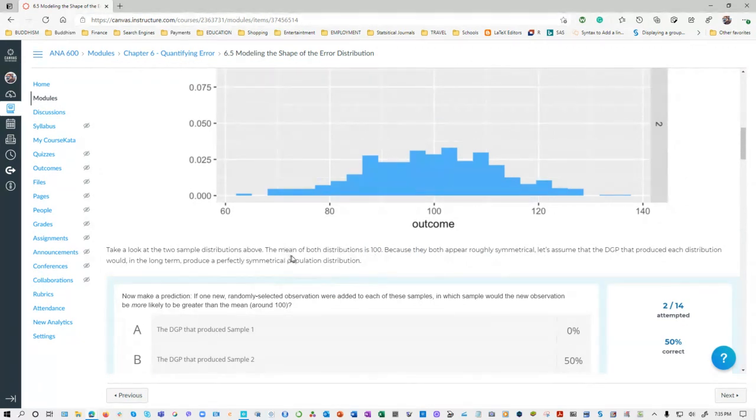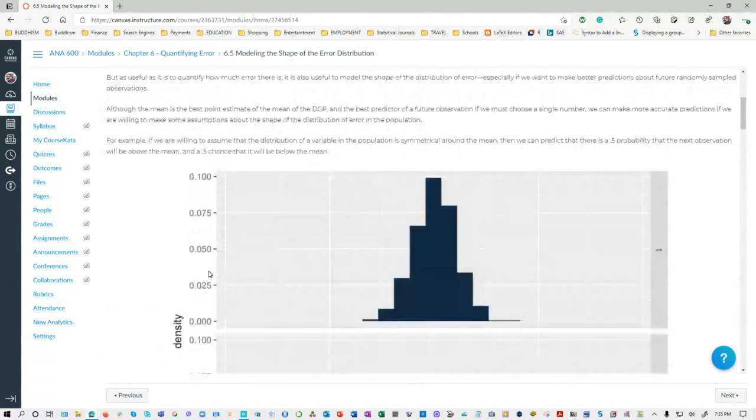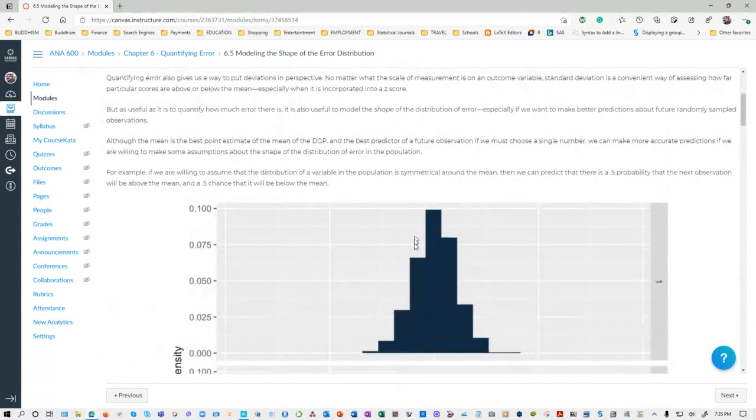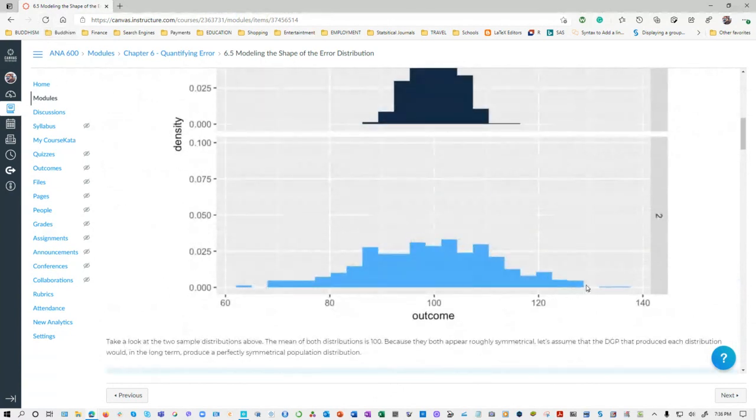Since these samples are symmetrical, we assume they are coming from a symmetrical population distribution.